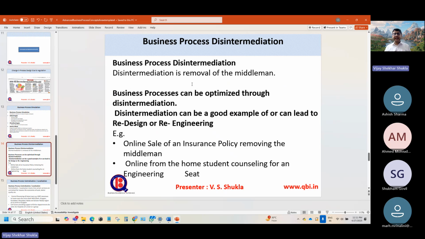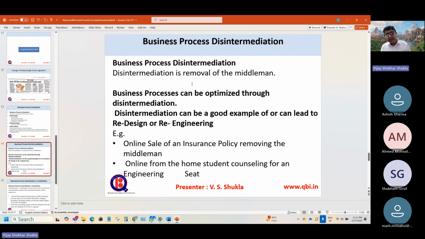Business process disintermediation. Disintermediation is the removal of the middleman. Sometimes, utilizing the internet, if you remove the middleman, processes can be optimized. For example, you can purchase an insurance policy online, so an insurance agent is not involved.